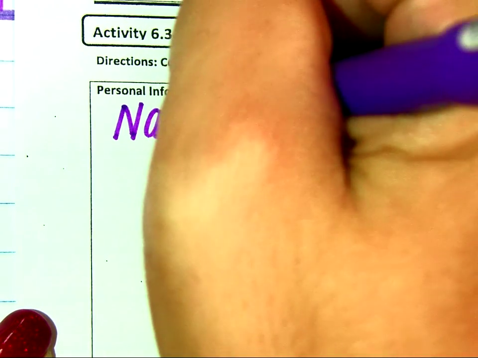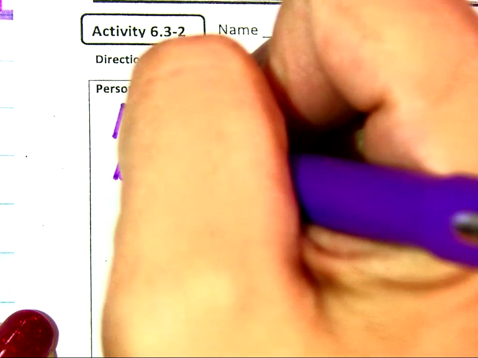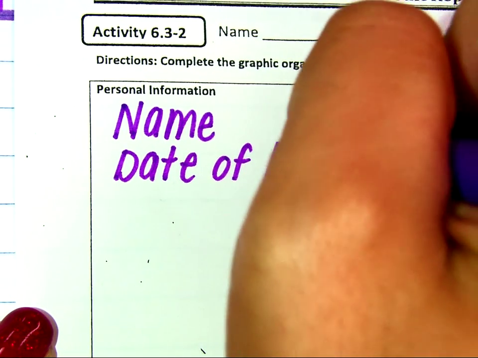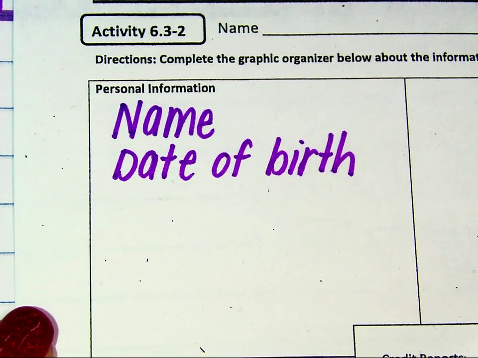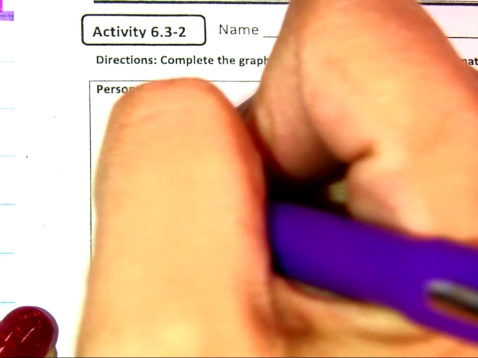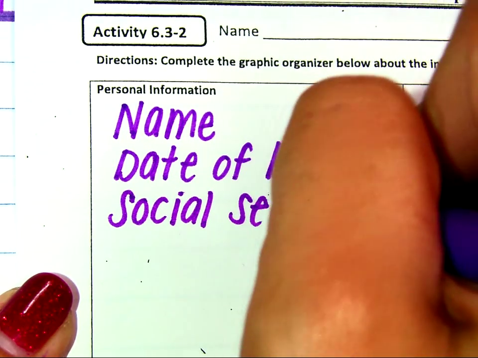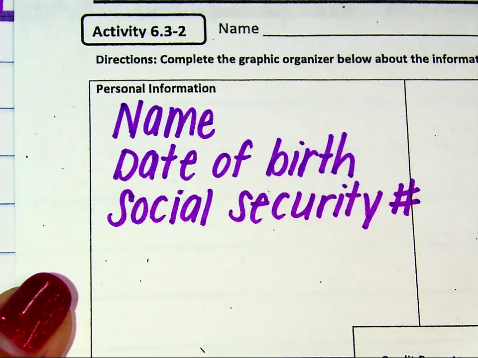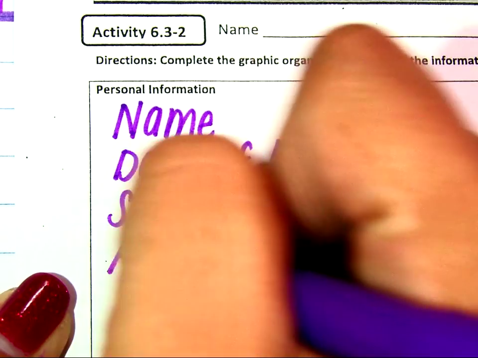It will have your name, your date of birth, your social security number, your address.